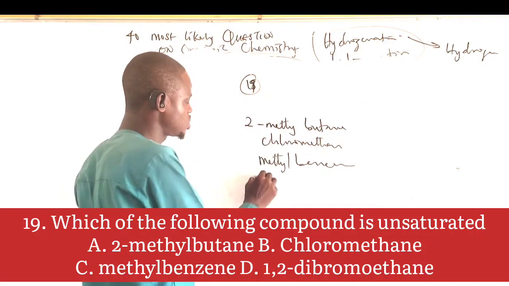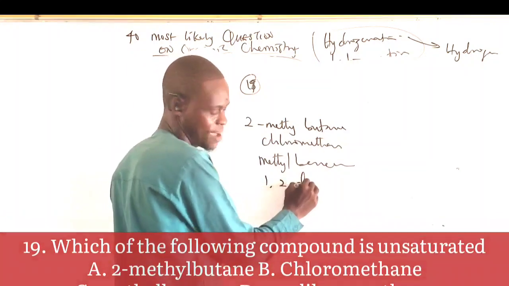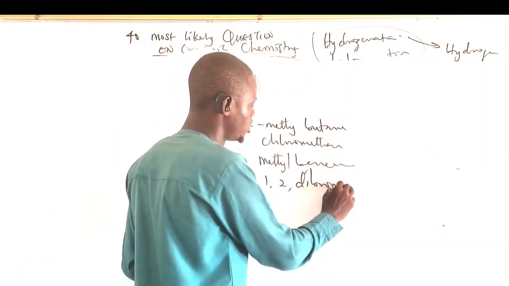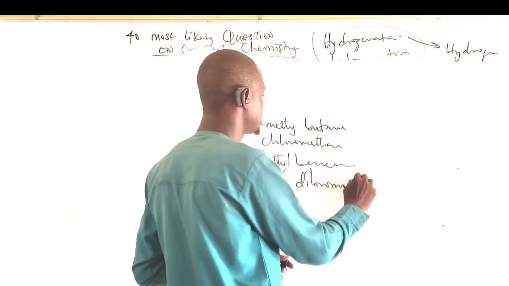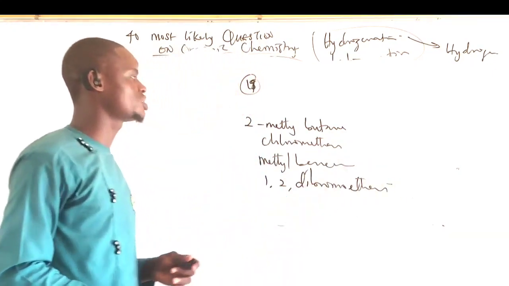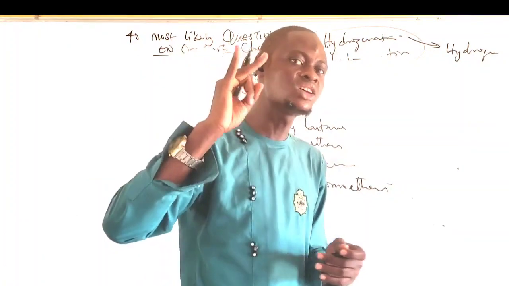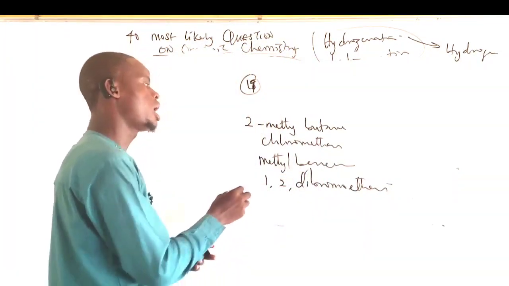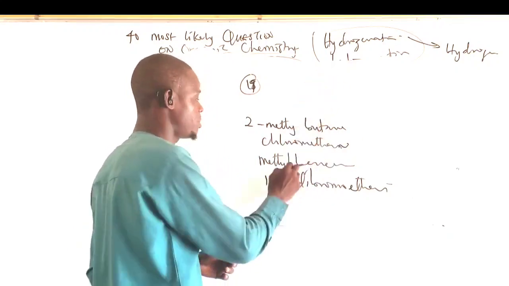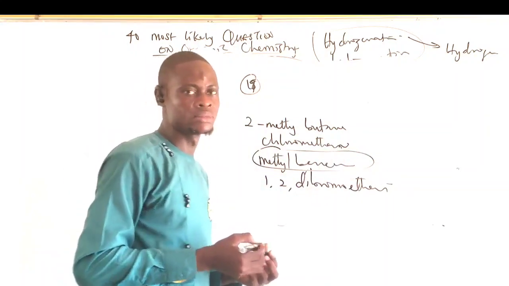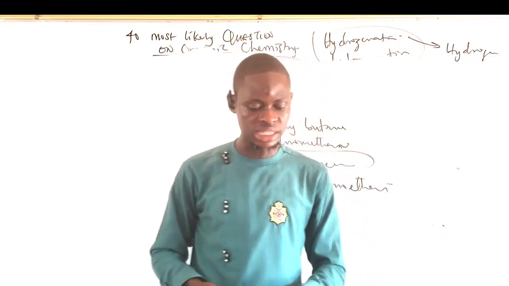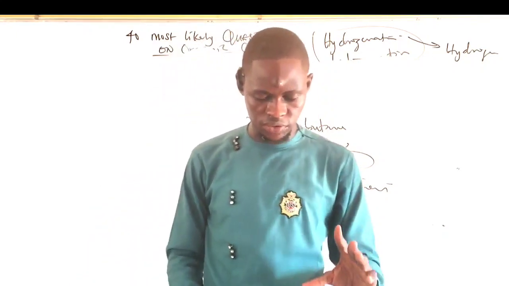Option D, we have 1,2-dibromoethane. Now, which of them is unsaturated? Please take note, unsaturation can either be benzene, ethene, or ethyne. So all these ethane compounds that are there, they are rubbish. My answer should be methylbenzene. Methylbenzene is an unsaturated hydrocarbon. So take note of that.